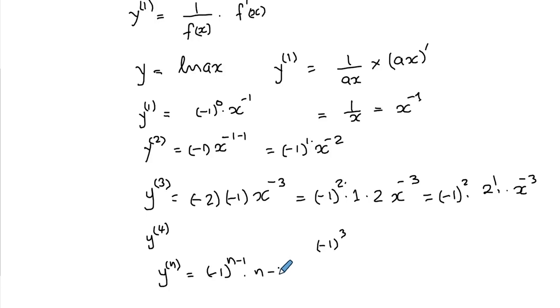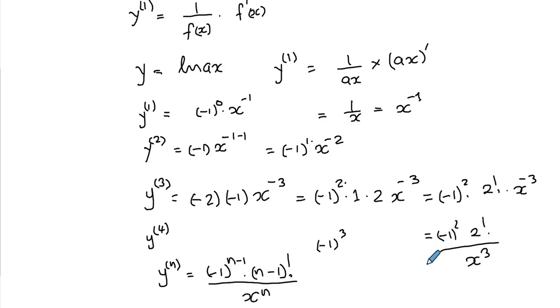n minus 1 factorial. As you can see here, the power of minus 1 is the one which we're calculating the factorial for, all over x to the power n, because we've got x to the power minus 3, which will simply give us minus 1 to the power 2, 2 factorial, all over x to the power 3.